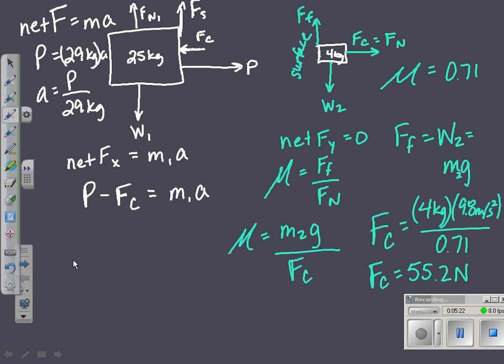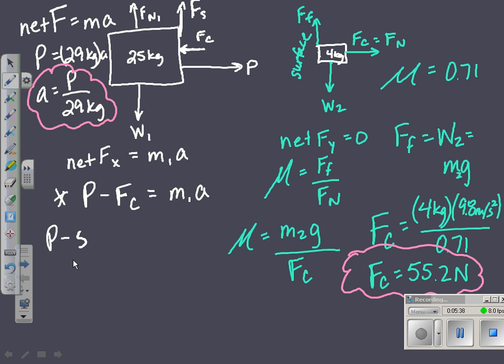Well, once we have this expression and this expression over here for our contact force, we can come back to this main formula that we set up for the large block. And we can say that P minus our 55.2 newtons equals our mass 1, which is 25 kilograms, times what we said acceleration was, a portion of our P and the mass, 29 kilograms.